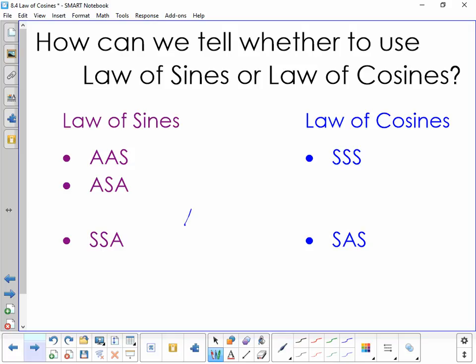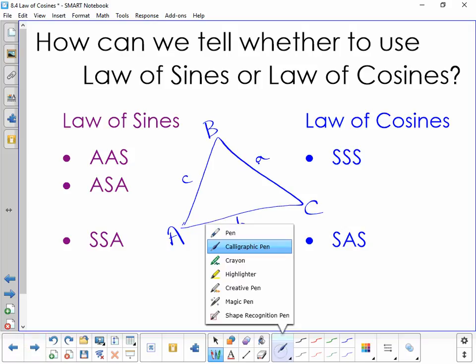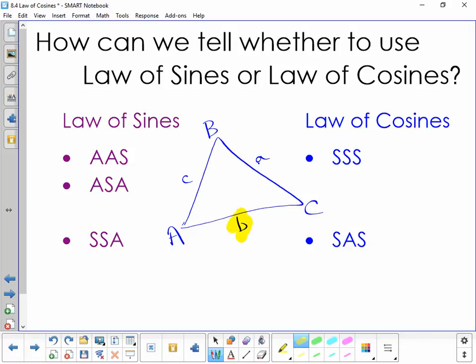I think what it really boils down to, though, is you have to look at your triangle and decide if the information that you are given includes a pair. If you have both of the B's, or both of the A's, or both of the C's, then you can use the law of sines. The law of cosines is what you would use when you don't have a pair that can be helpful to you.